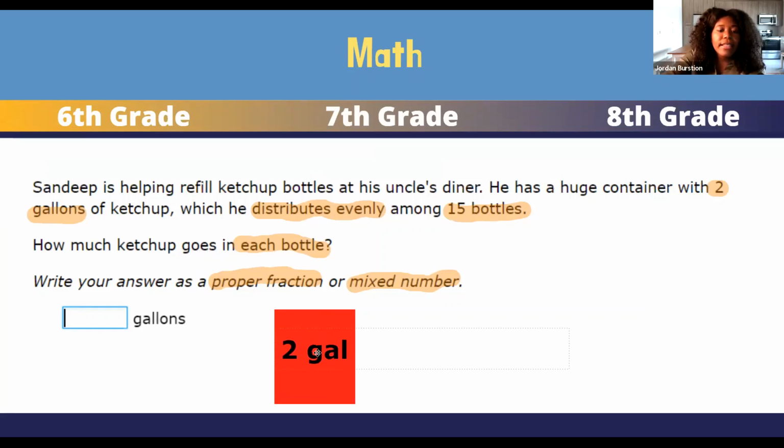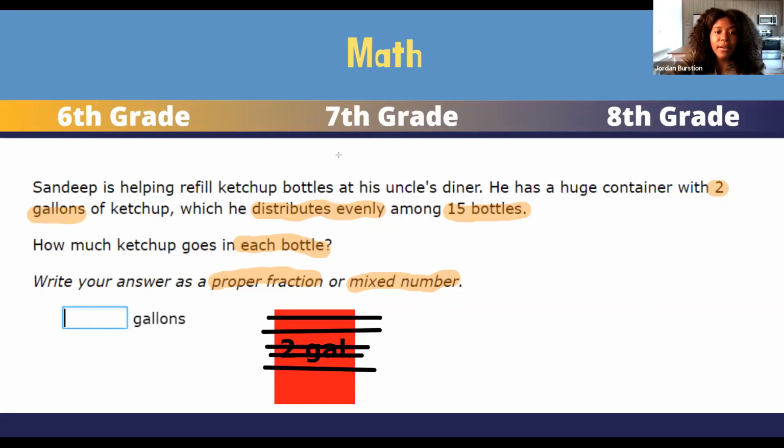And they say we are going to distribute it evenly among 15 bottles. So it's kind of like we could slice this up into 15 parts. 1, 2, 3, 4, 5. I'm not going to do it all the way, but we can slice it up in 15 parts.